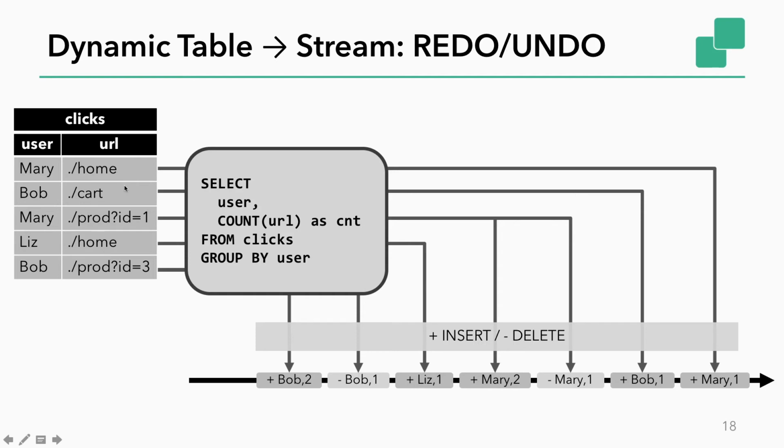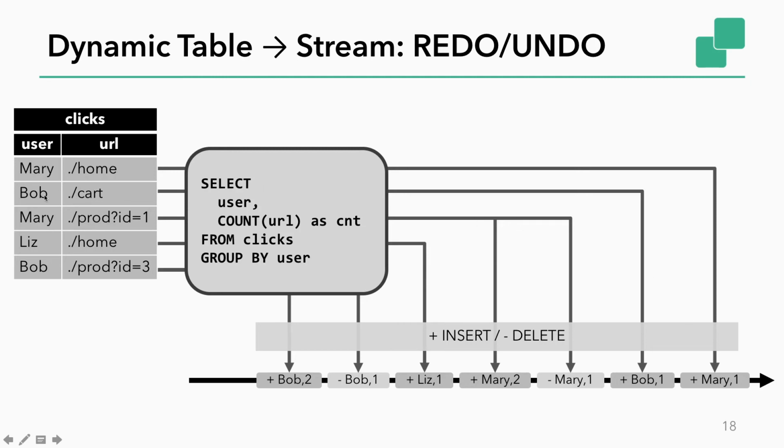In this case, we have our first query as an example, and we have this input table, and we see that when we get the first row in here, for the user Mary, we insert Mary with a count of 1 in the result table.